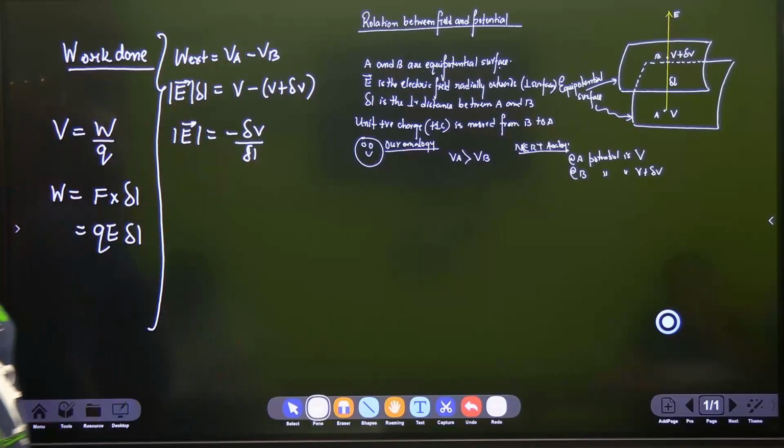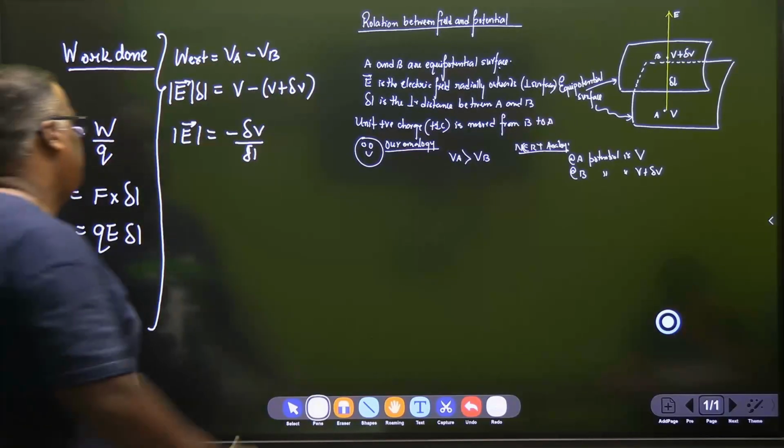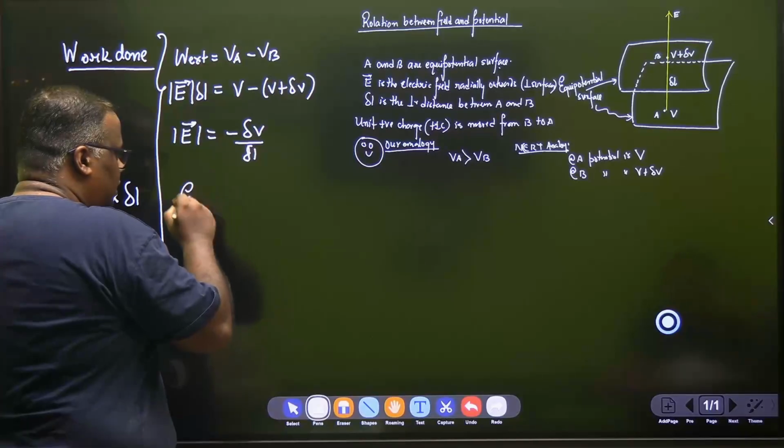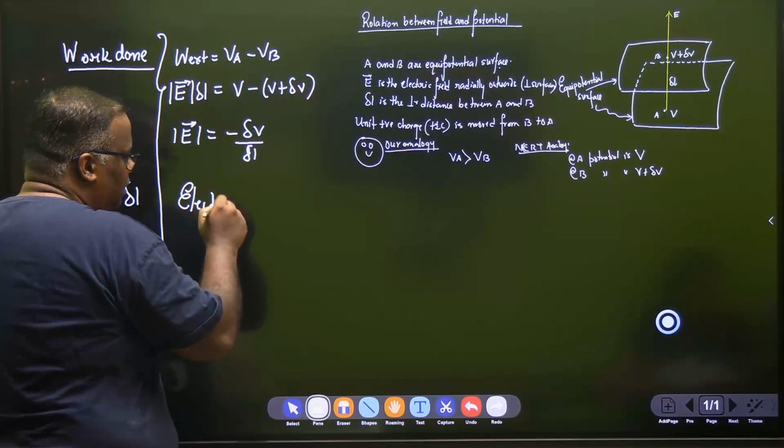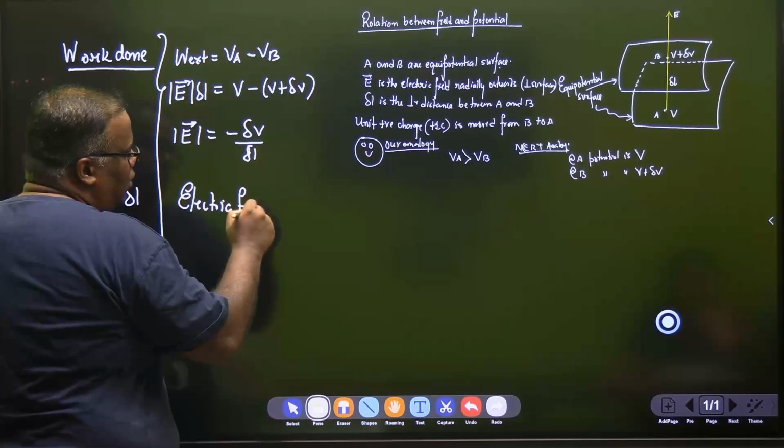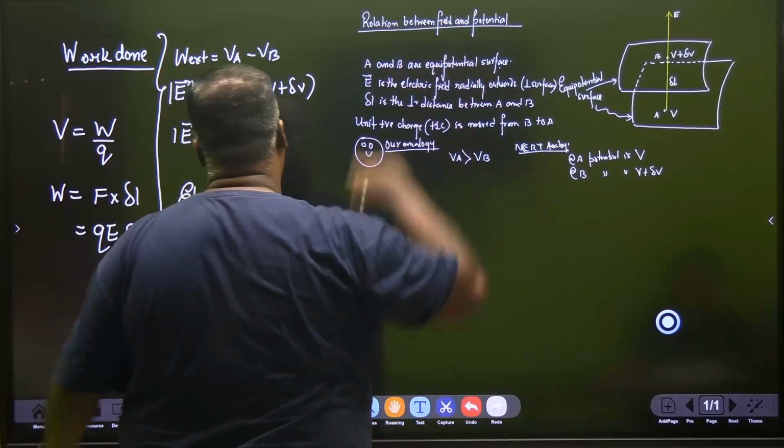Okay. From here we understand one thing: you are trying to find out the relation between electric field and potential.